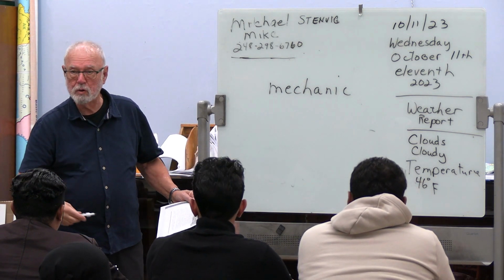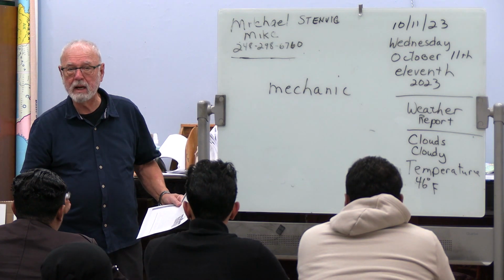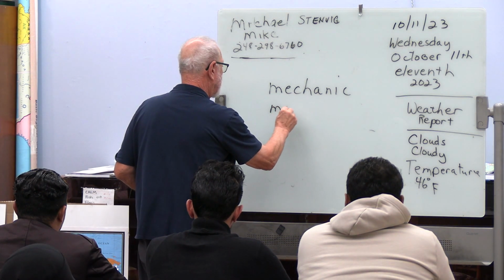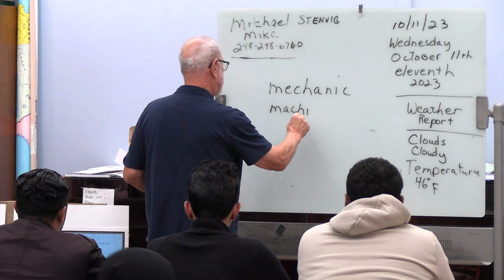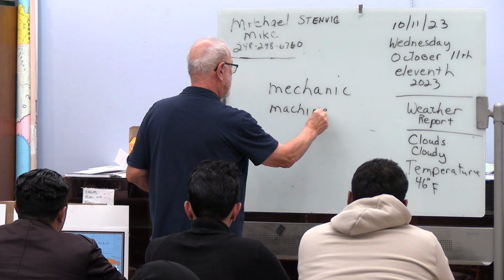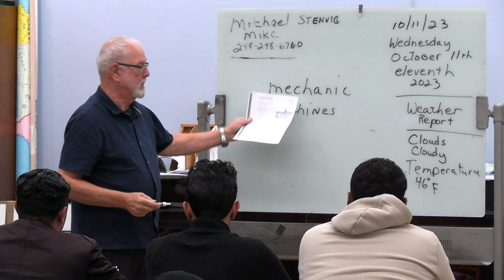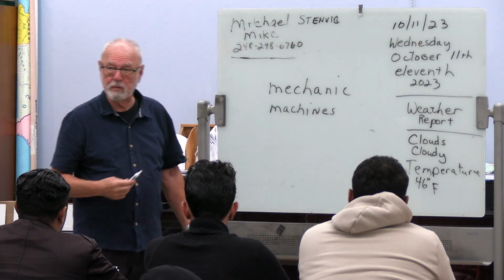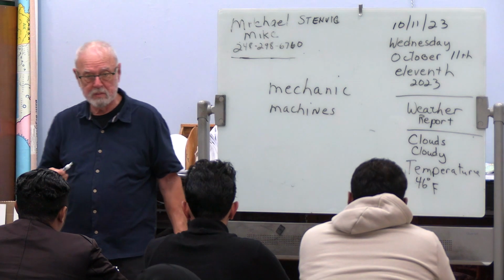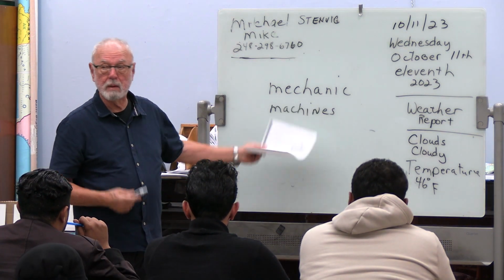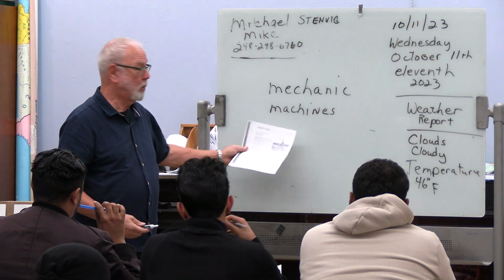A mechanic is someone who works with machines. The sounds are a little different, but they come from the same root: mechanic, machines. This is the person. Yes, I am a mechanic. I work on machines.